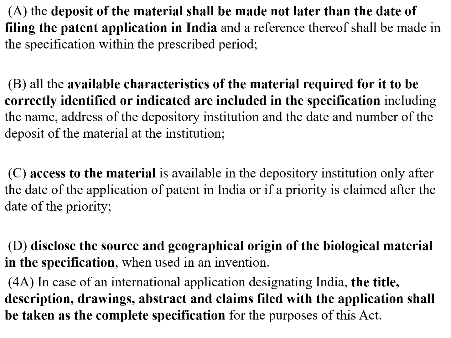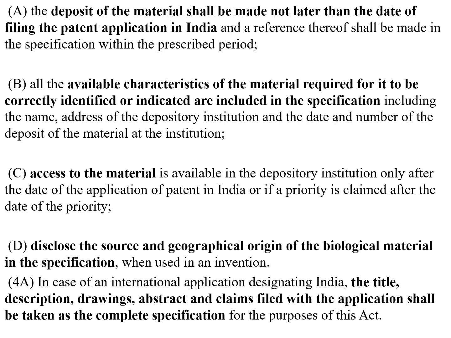So with that, we can say that there is one more subclause, 4A, which says that in case of an international application that is designating India, such as via PCT or the Paris Convention, the title, description, drawings, abstract, and claims that are filed with the application shall be taken as the complete specification under the Indian Patent Act.